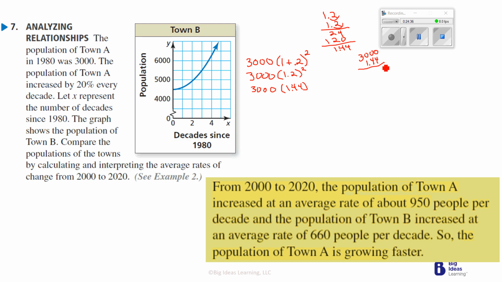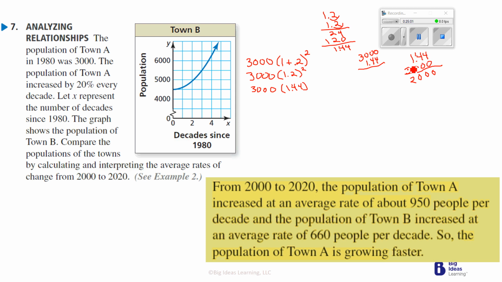Well, to make this a lot easier, I'm going to take 1.44 and multiply it by 3,000, because all those zeros will mean nothing in multiplication. I'll just be adding zeros, right? And then I can start right here. 3 times 4 will give me 12.